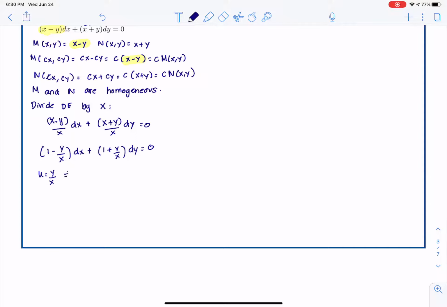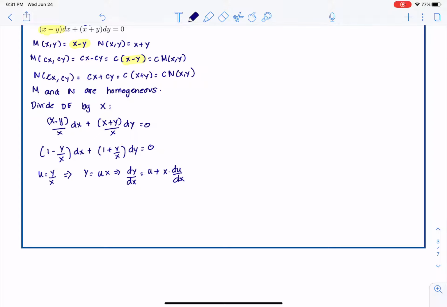So y would equal u times x. Take the derivative with respect to x, so dy over dx would equal u times the derivative of x, which is 1, plus x times du over dx. And that is product rule. I'm going to make the substitutions now, so (1 minus u) dx plus (1 plus u), replace dy over dx.